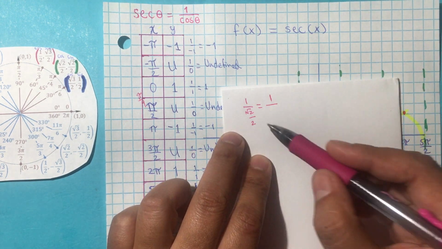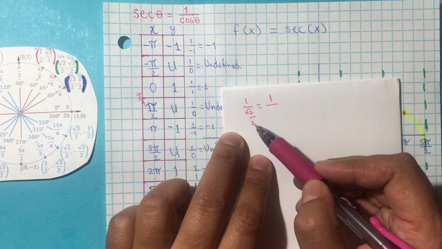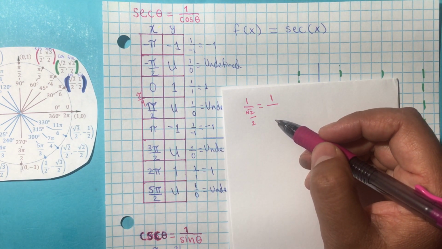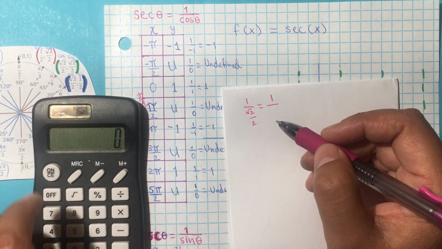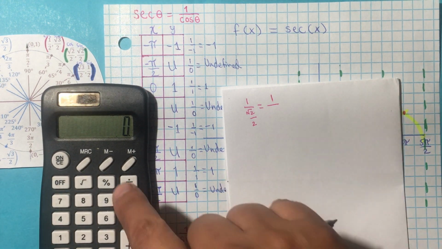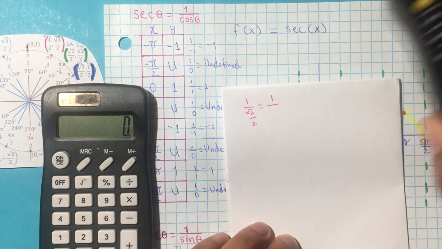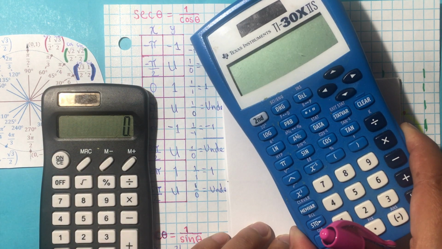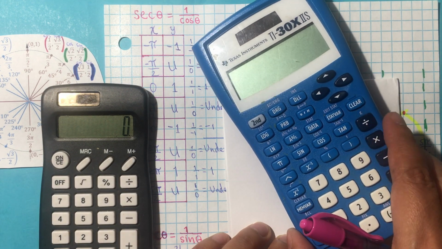So it's better to just divide the square root of 2 by 2 and have that in here. It's going to be rounded, so it's not going to be perfect. And again, it depends on what calculator you have. You might have this one or something like this one. But this one is a little easier if you use your parentheses.